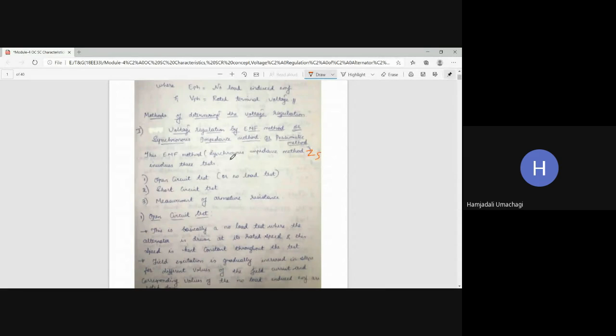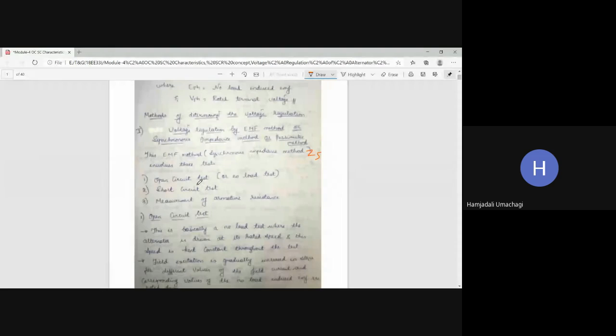So this EMF method, the synchronous impedance method, which we call ZS, involves 3 tests. While conducting the EMF test to determine voltage regulation, we have 3 different testing methods. The first is the open circuit test, which is as good as no load, so we call it the no load test. Second is the short circuit test.